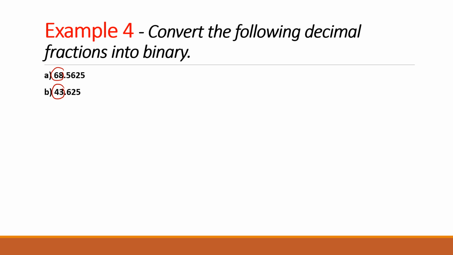To do the decimal side, what you do is you multiply by 2. So when I multiply 0.5625 by 2, what will that be? 1.125. Okay, so I keep this 1 separate, I ignore it, and I'm just multiplying the rest by 2 now.